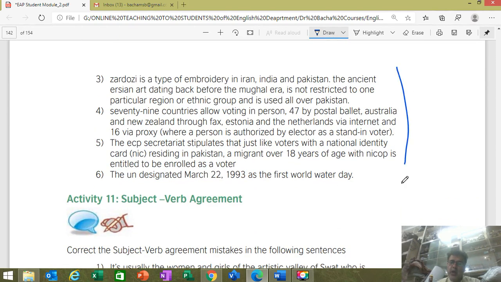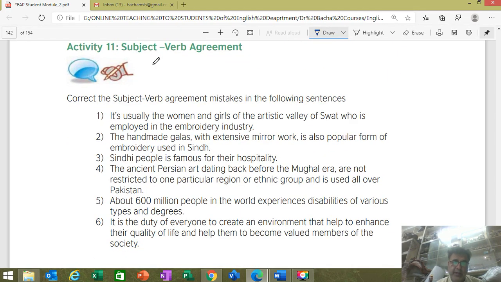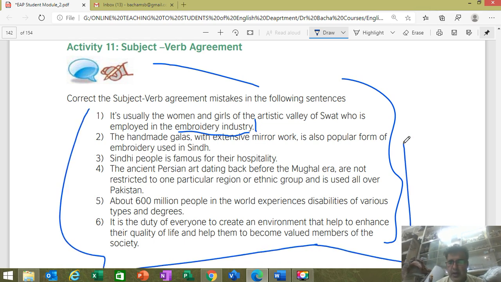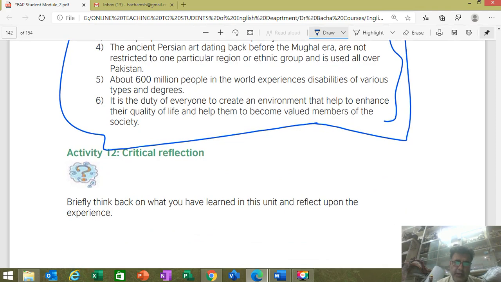In this paragraph, mostly when a sentence starts you have to put a capital letter, and when a proper noun begins, there you have to capitalize. Then subject-verb agreement means that the verb must agree with the subject. If it is in plural form, the verb should agree with that, and if it is in singular form, it should agree with that. These are all exercises so that you can understand better.